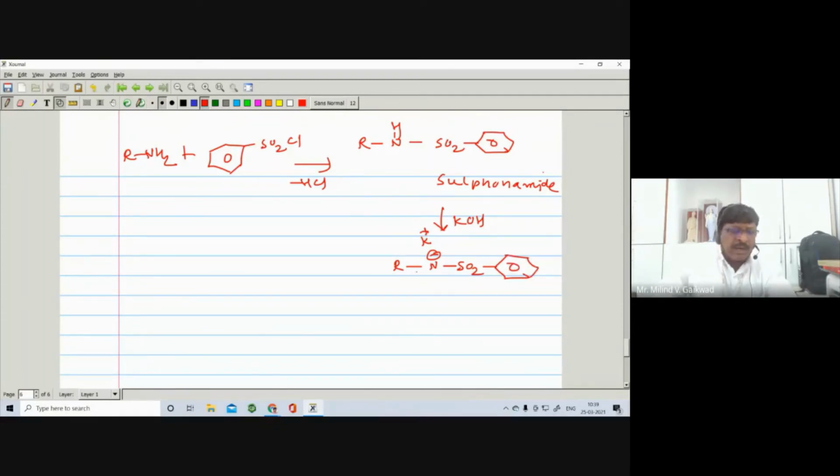You know it is a salt, so it is soluble in water. And further, when you treat with HCl, there is a reappearance of the sulfonamide, meaning this compound is insoluble.